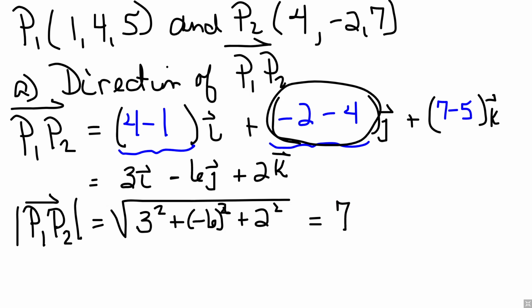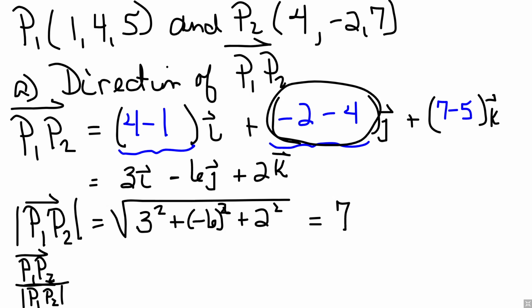Excellent. So for the direction, we're going to take the vector that we just created and divide it by its magnitude. If you see a problem that's asking you to find the direction of a particular vector, essentially what you're doing is finding a unit vector.